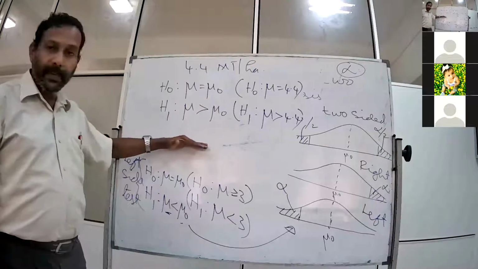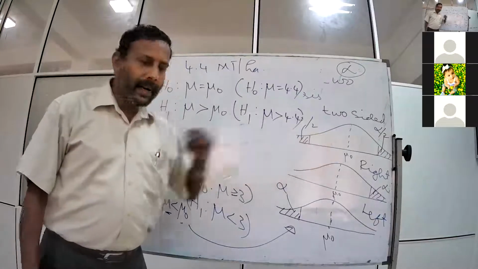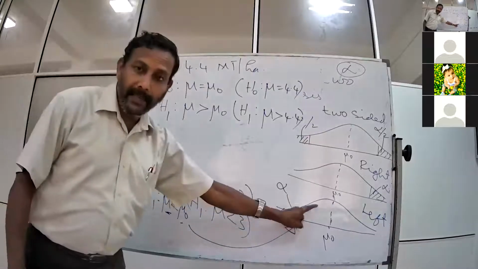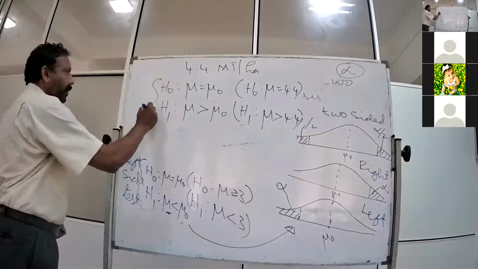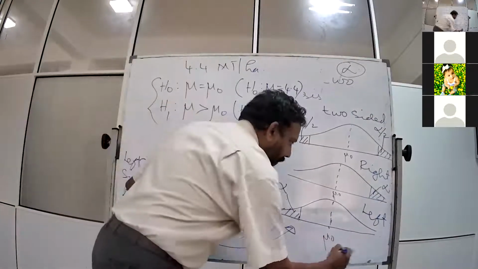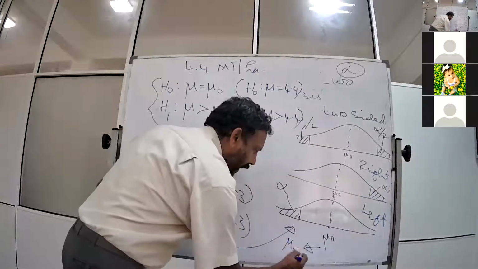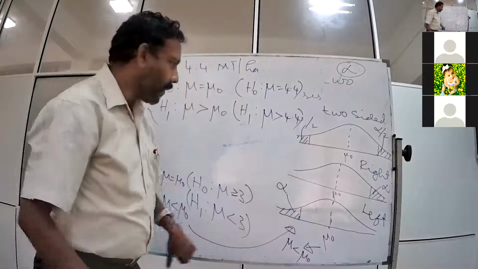Earlier I showed you the two-sided test. Then we talked about one-sided, the left side. In that case, mu less than mu naught means it is the left side.